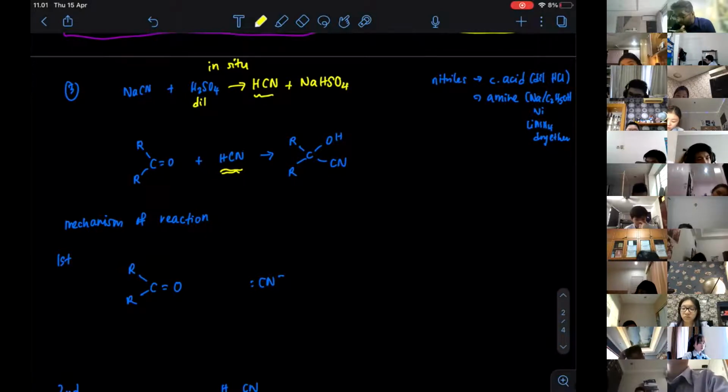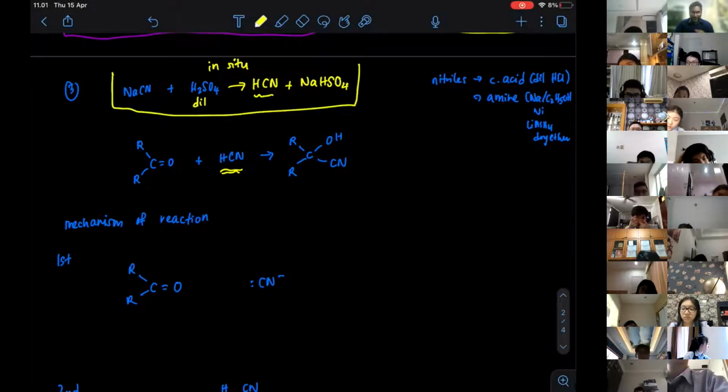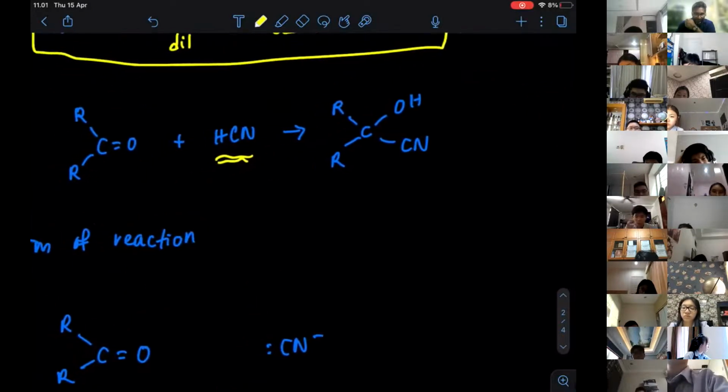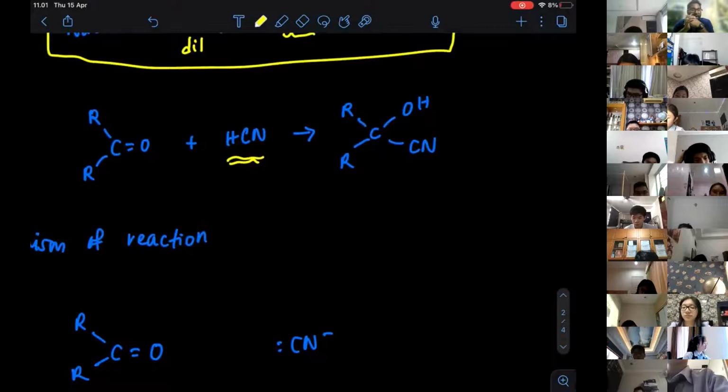So this HCN comes from in situ preparation. This one is separate, so I'll just put it as separate. Now that is going to be HCN. Let's see what is going to happen if I have a ketone over here. Let it be ketone, let it be aldehyde, the reaction is almost the same.